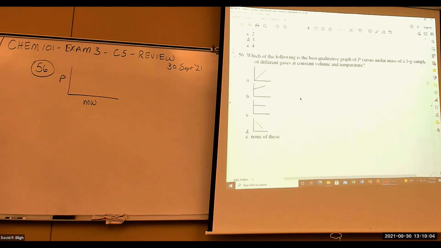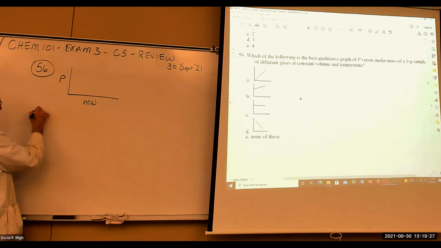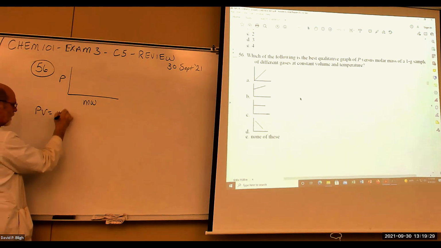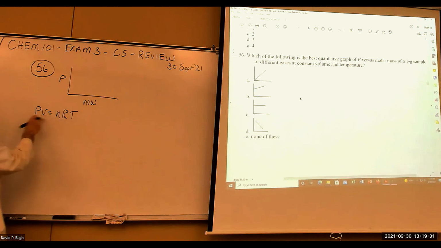Okay, how do we approach this? Well, each of the samples are the same size, right? 1 gram, same mass, I should say, not the same size, same mass, constant volume, constant temperature. Okay, so what do we know about that? Well, we know that PV equals nRT relates these factors of a gas.